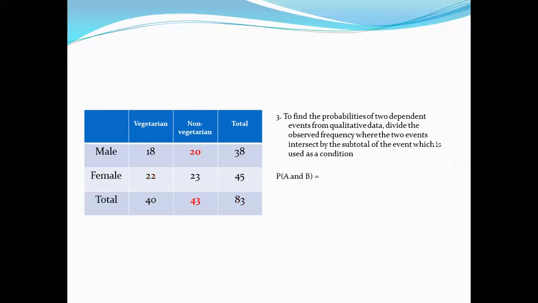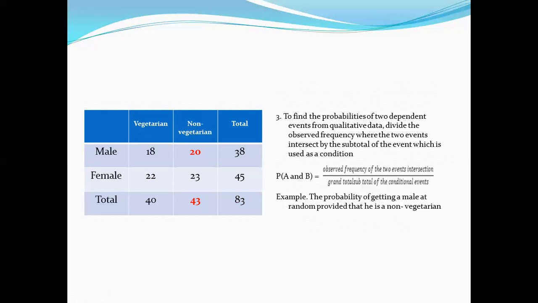Okay, let's have the third case. The third case is to find the probabilities of two dependent events from qualitative data: divide the observed frequency where the two events intersect by the subtotal of the event which is used as a condition. This time, it is conditional probability. How do we know that it falls under conditional probability?